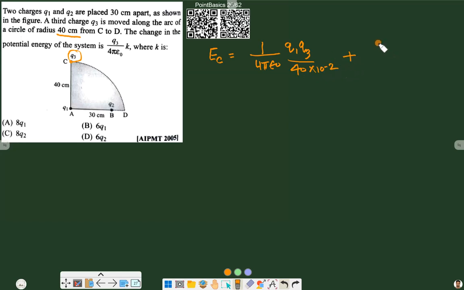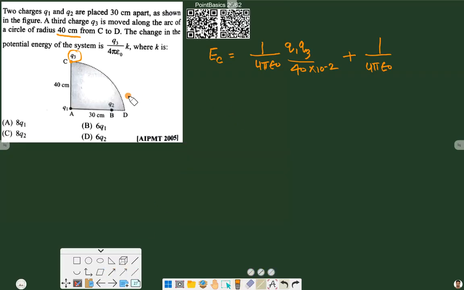Now plus 1 by 4 pi epsilon naught. There will also be potential at point C due to charge at B, and due to this potential of charge Q2, there will be some energy of charge Q3 at point C. For that, we have to find this distance BC.